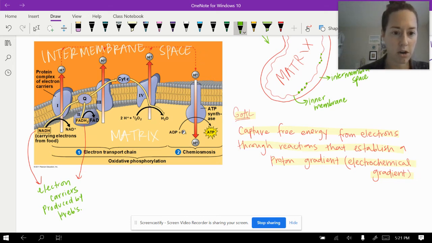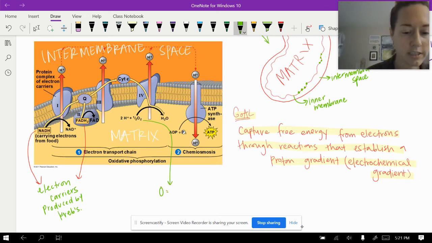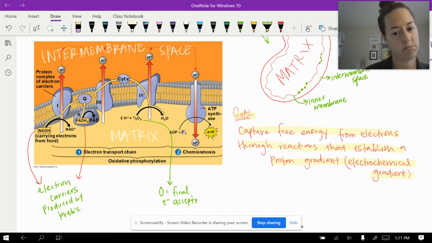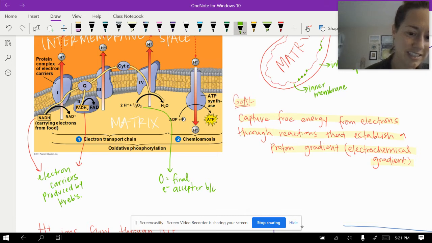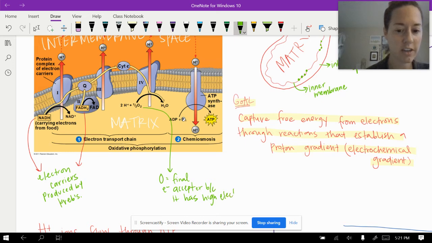So I'm going to make a note here. That says oxygen is the final electron acceptor. I'm not sure if that's spelled right, but spelling's not one of my gifts. Because it has high electronegativity.